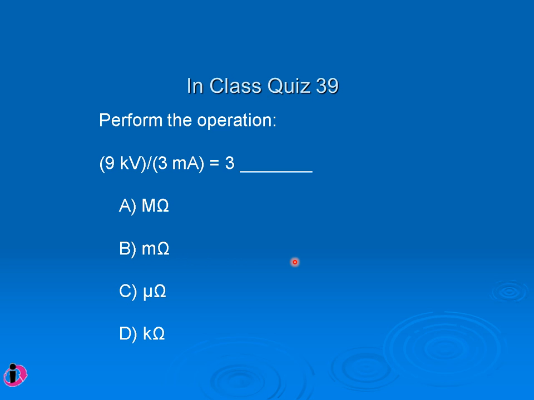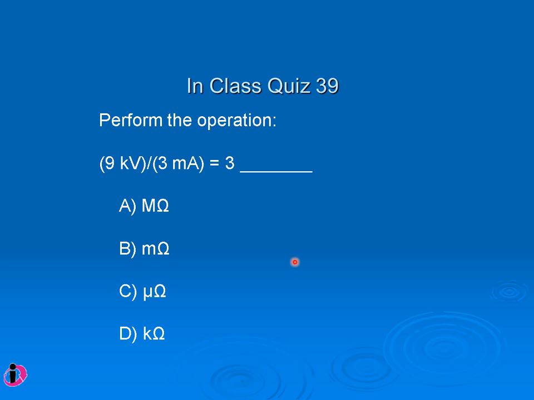Let's check this one. 9 kilovolt by 3 milliamps. Kilo by milli. That's the tricky part. 9 kilo divided by 3 milli, right? 9 kilo means this, and 3 milli, and then V by A means omega, right?